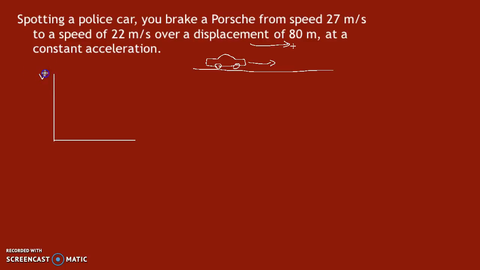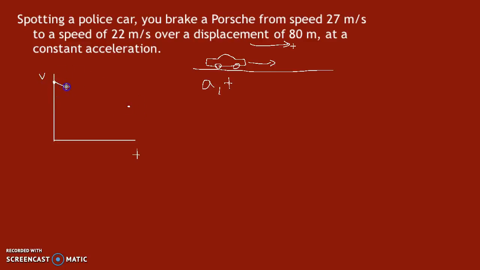So we're going to start off with a velocity graph, and if you remember, the missing pieces of information for this problem were acceleration and time. We know that at the beginning of this scenario, we have this car going 27 meters per second, and it slows to a speed of 22 meters per second after some amount of time.